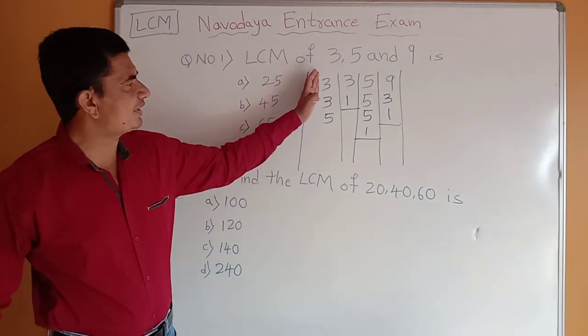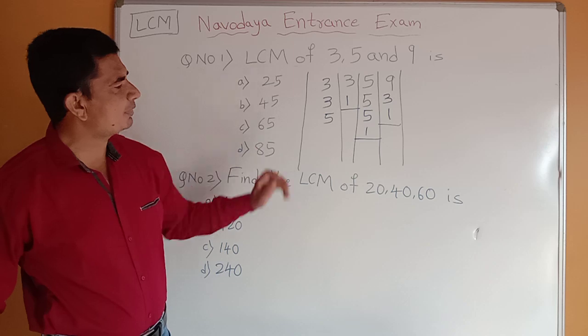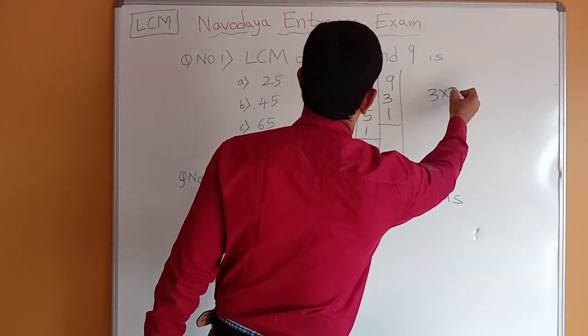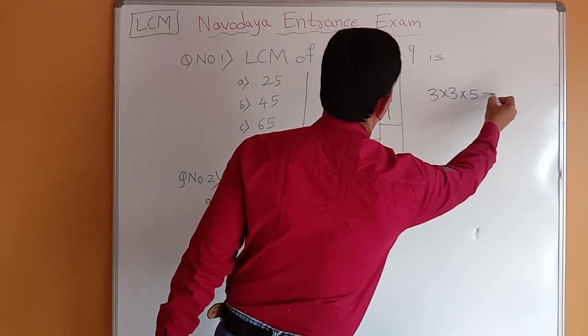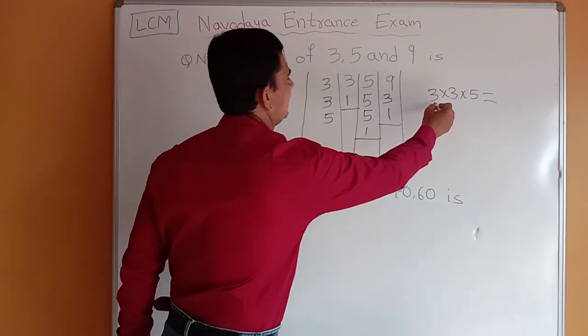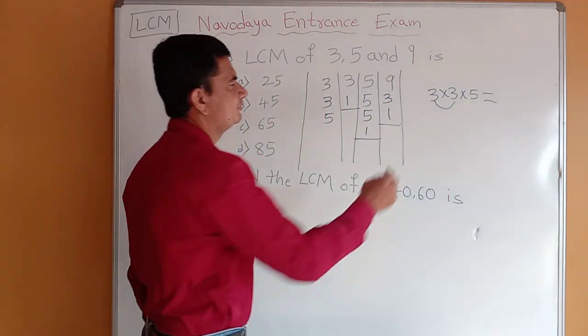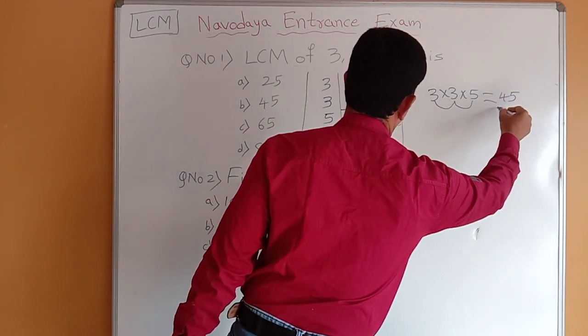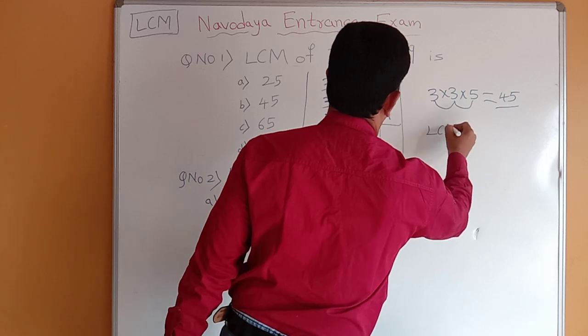Now friends, you can see we have to multiply these numbers. 3 into 3 into 5. 3 threes are 9, 9 fives are 45. So what is the LCM?